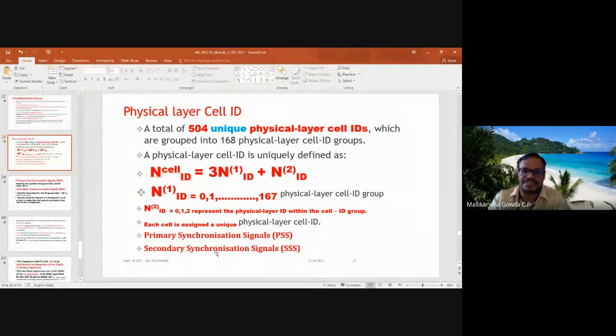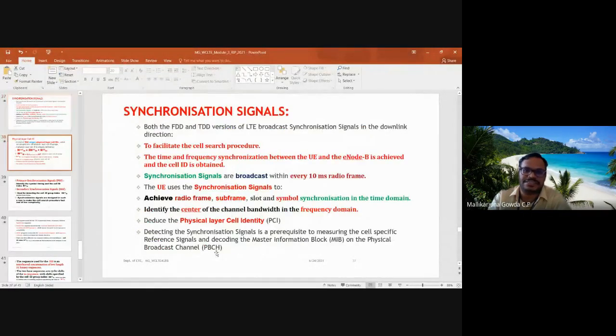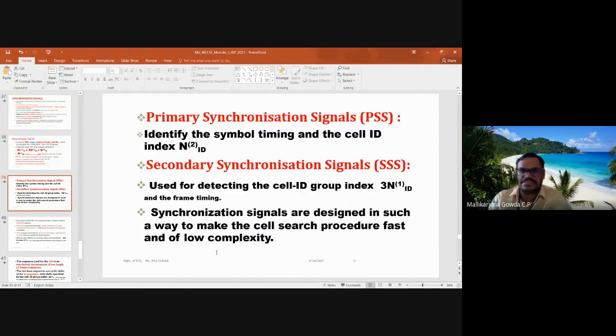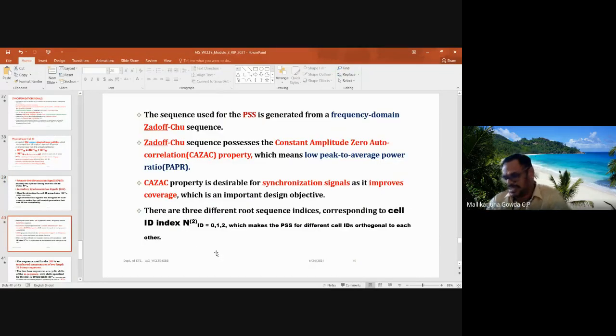So as I said, you will be able to understand this, especially the physical layer cell ID. There are 504 unique PCIs, which are grouped into 168 PCI groups. I said what PSS is and what SSS is. Then how do we generate PSS?